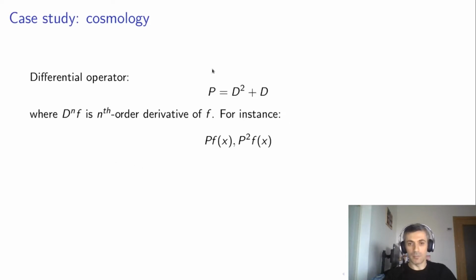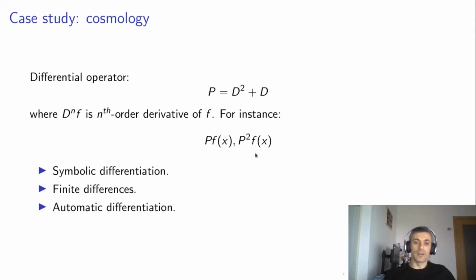As an example of the operations that were involved in those integrands that we wanted to process programmatically, there were, for instance, differential operators. So let's take this simple one, which is just the second derivative plus the first derivative that will be applied to a given function. So this operator can be applied once, or it can be composed with itself to be applied 2 times.